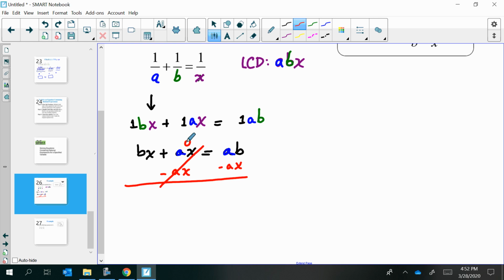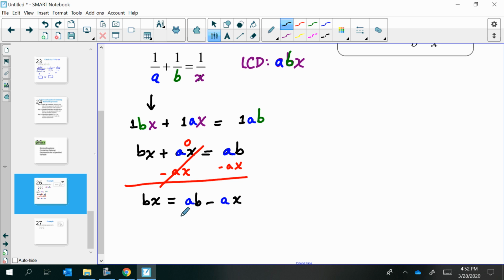That'll zero this term out. So then I'll have BX is equal to AB minus AX.